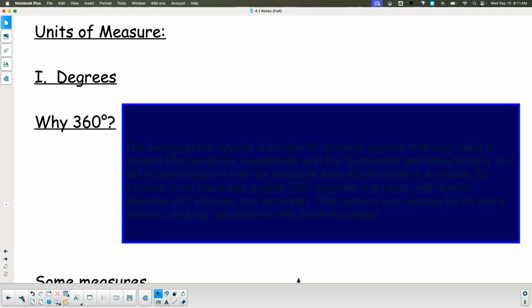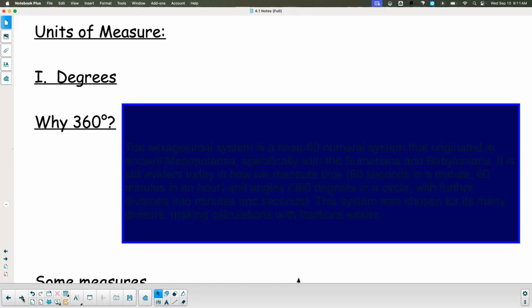So, in a circle, does anybody know why there's 360 degrees all the way around a circle? Okay. It's actually kind of cool.